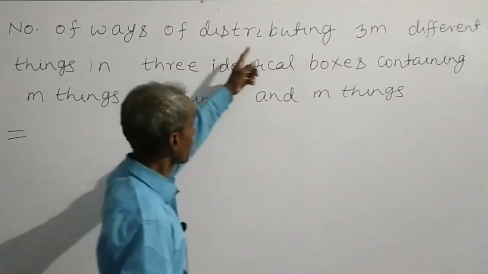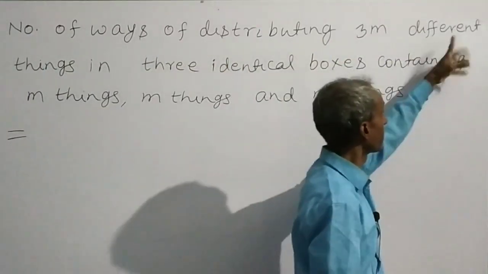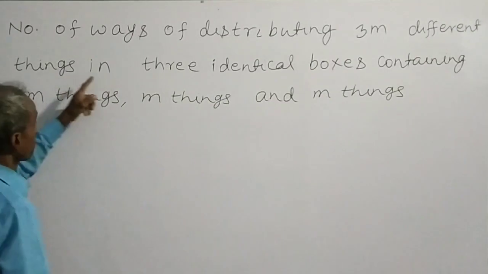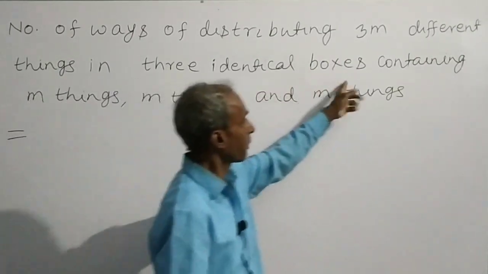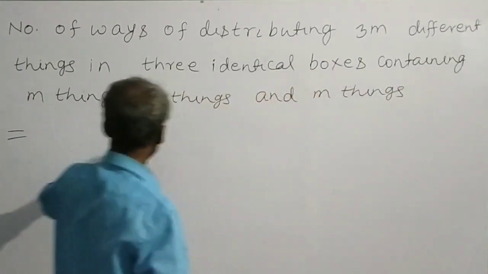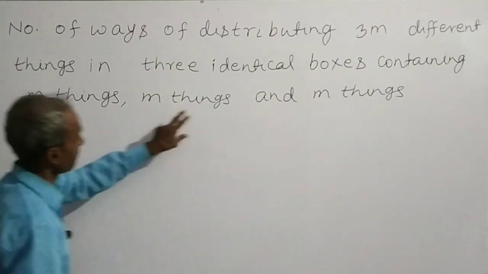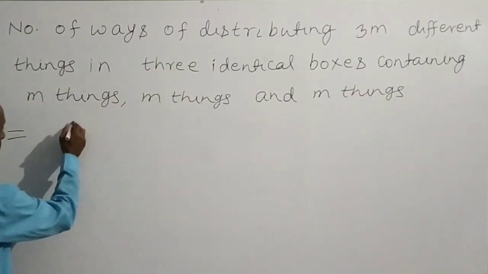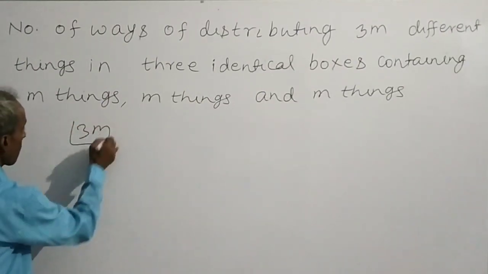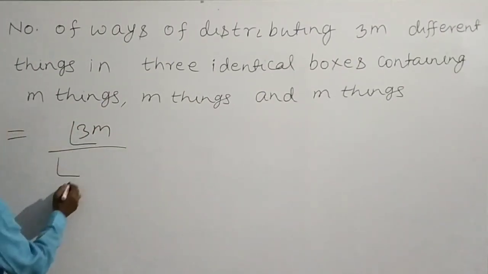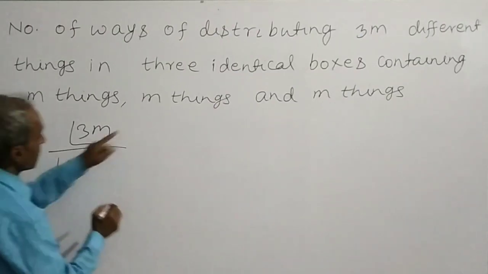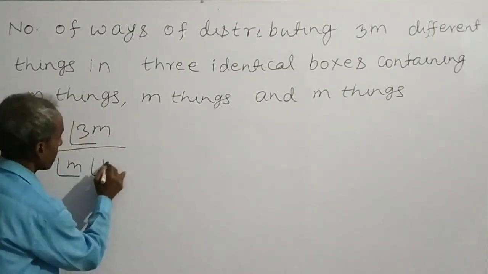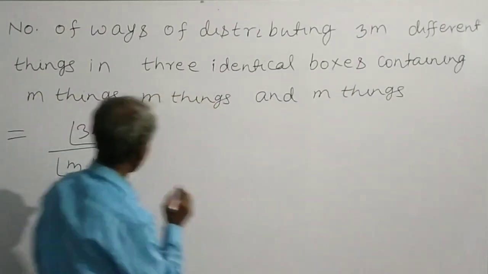Number of ways of distributing 3m different things in 3 identical boxes containing m things, m things and m things will be equal to factorial 3m divided by factorial m times factorial m times factorial m.